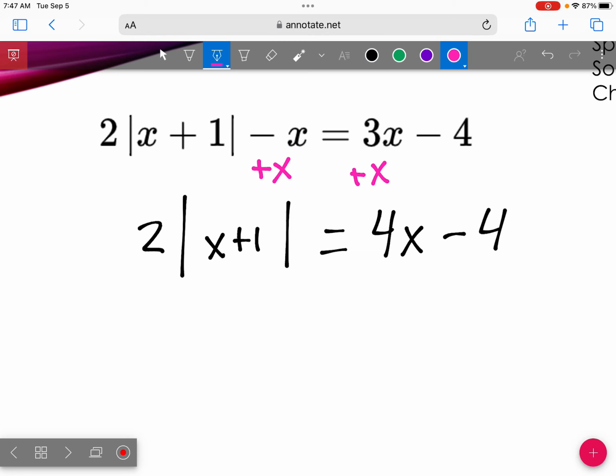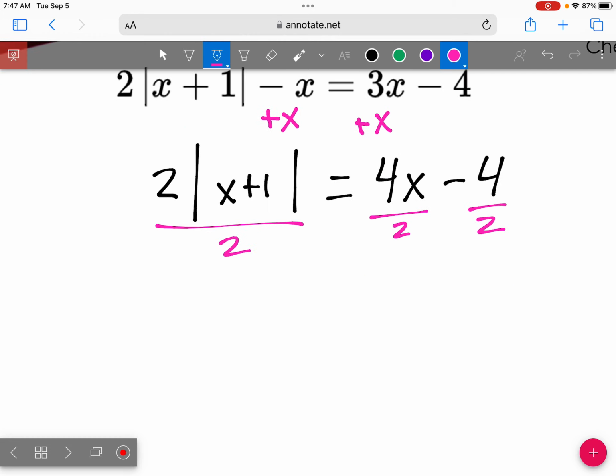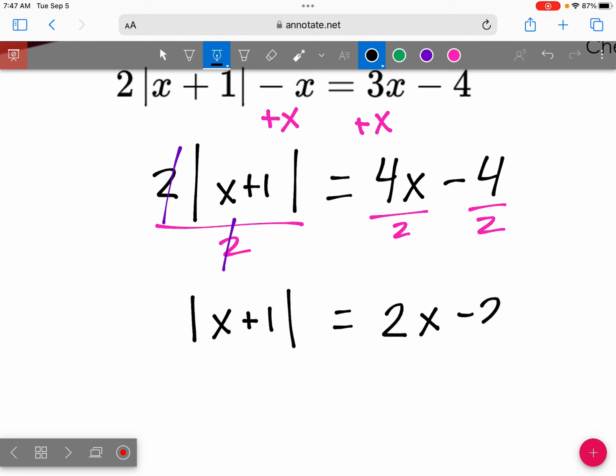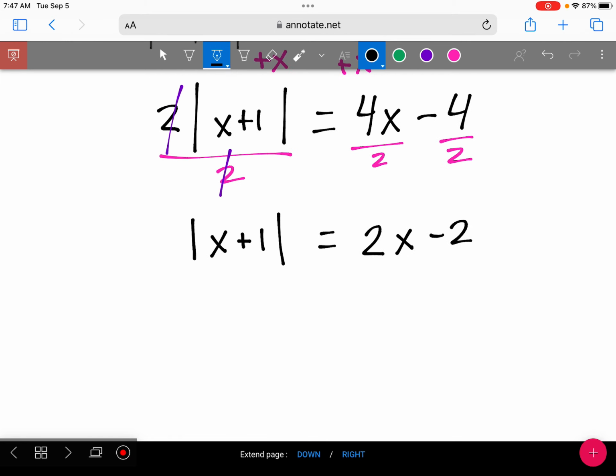What are we going to do next to isolate my absolute value? Divide by 2. And we get the absolute value of x plus 1 equals 2x minus 2. Isolated all by itself. Then we need to split it into our cases.